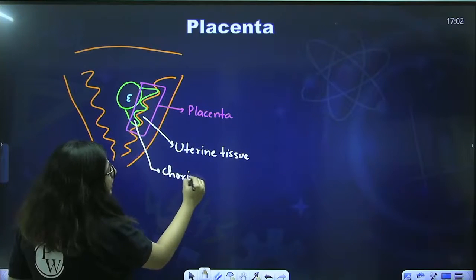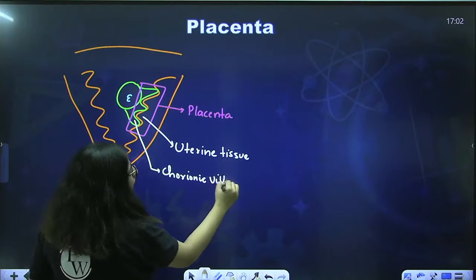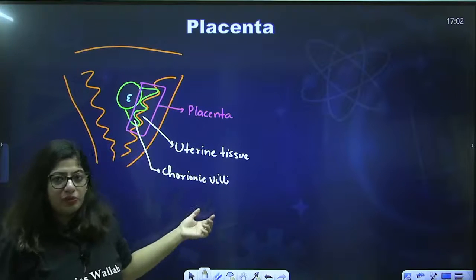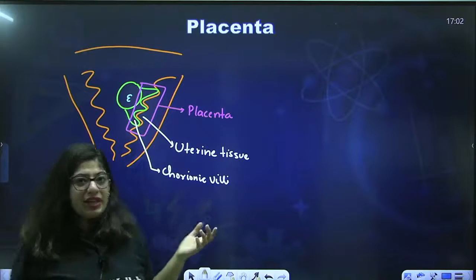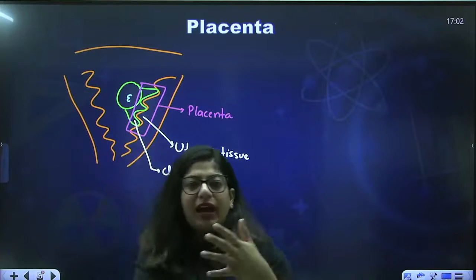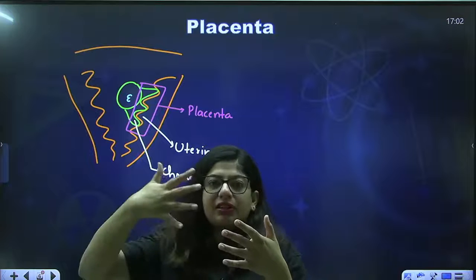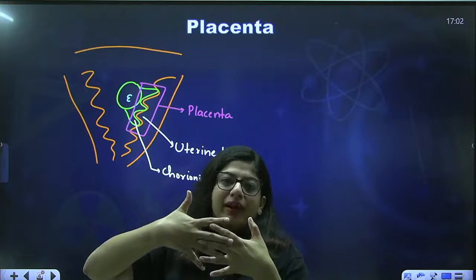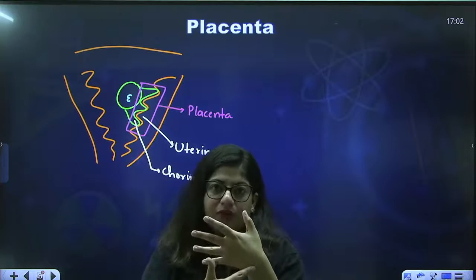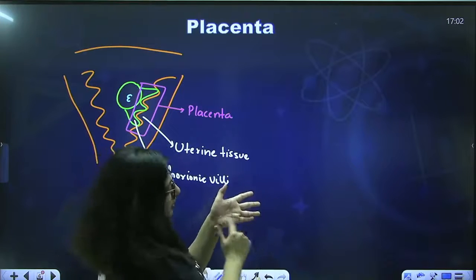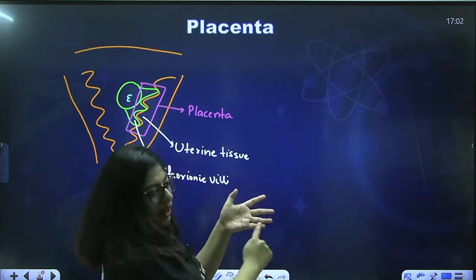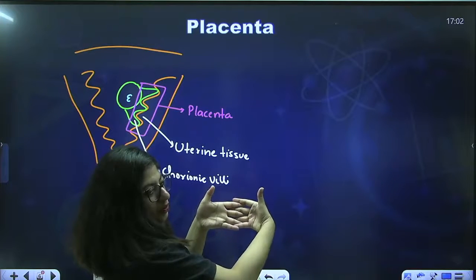So can I say placenta is formed not just by the fetal portion but by mother and fetal portion both? Like I have said, if this is the embryo, these are the villi of embryo, right? And this is the mother's uterine wall. This is how it is embedding. So if this one is the embryo, this is the villi, and this is the mother tissue in which it is embedding.